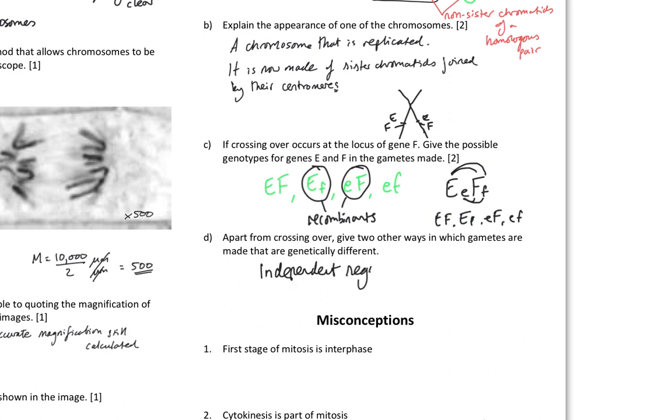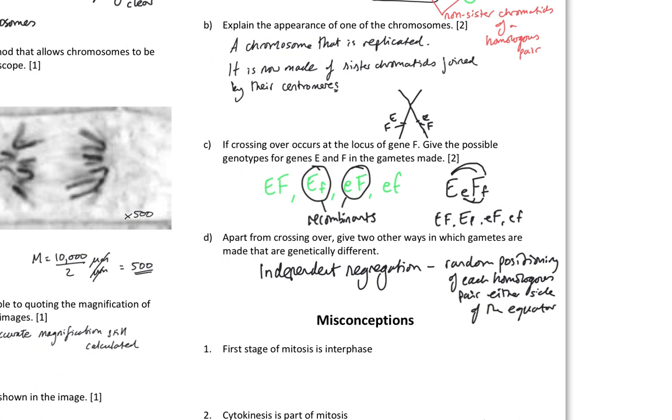Independent segregation. So that's the random positioning of each homologous pair, each homologous pair either side of the equator. So in humans, we've got 23 pairs of chromosomes.